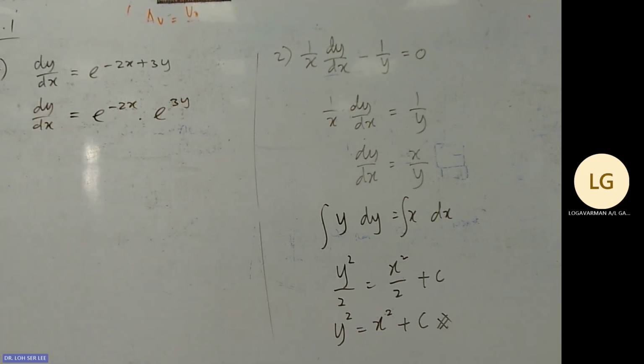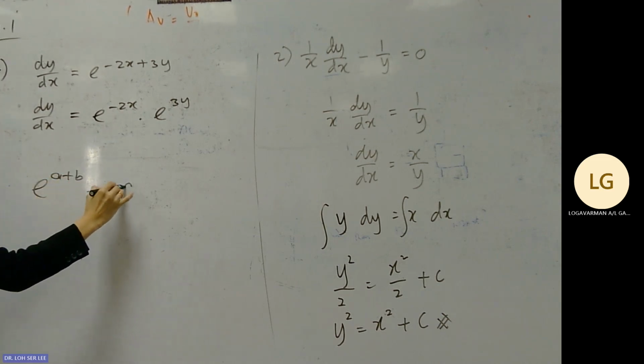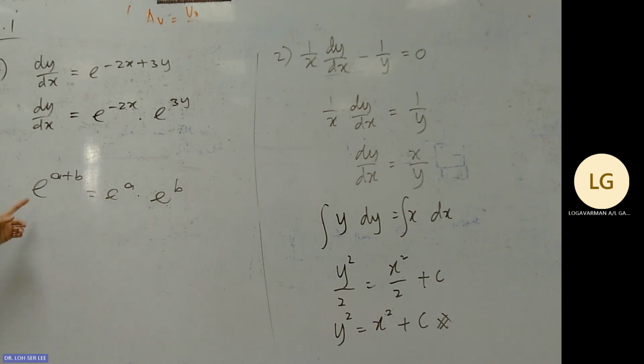Okay, for exponential function, e to the a plus b is e^a times e^b. e to the a minus b is e^a over e^b. Okay, so this is separable.